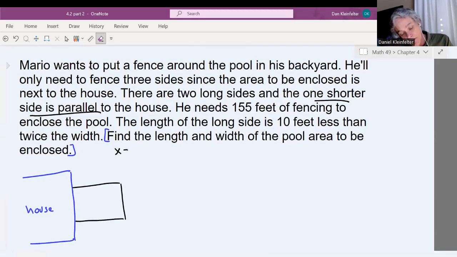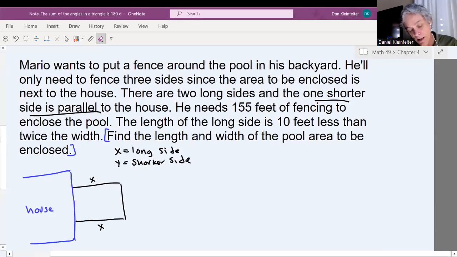I'm going to make X be a long side and Y be a shorter side. So we'll have an X here and here, the two longer sides, and then the shorter side was parallel to the house. So we're just going to need the two sides of length X and one side.